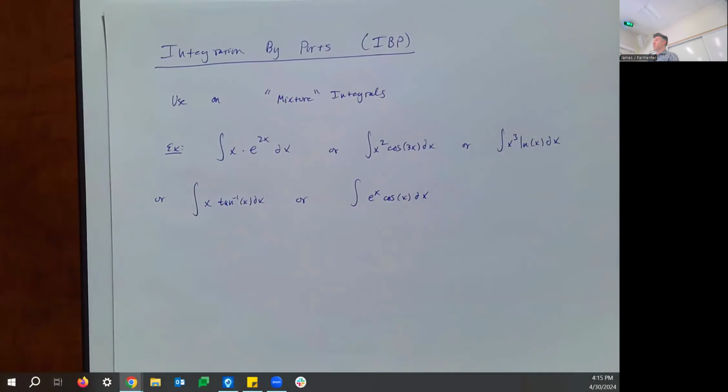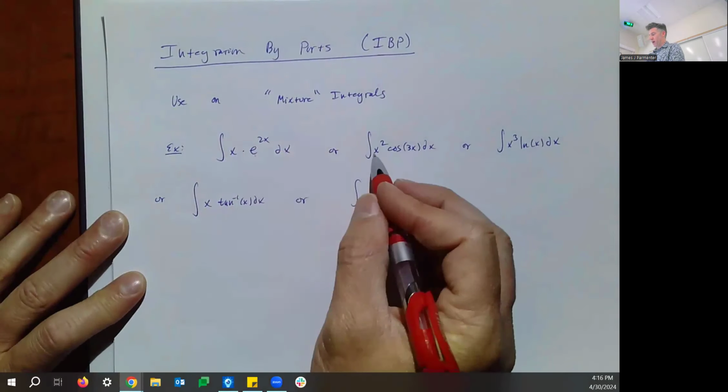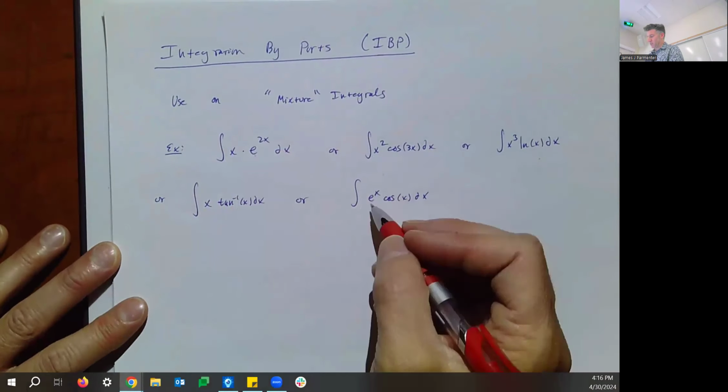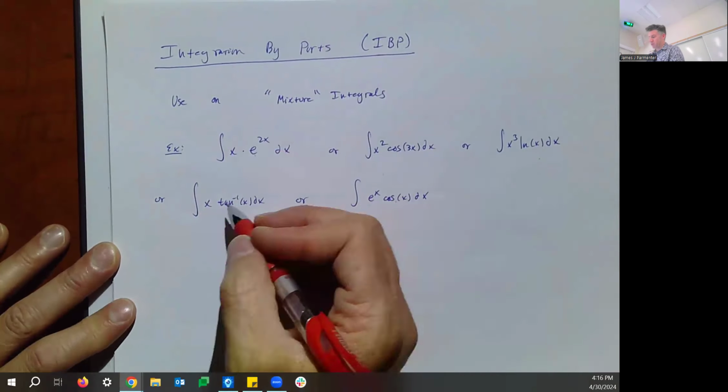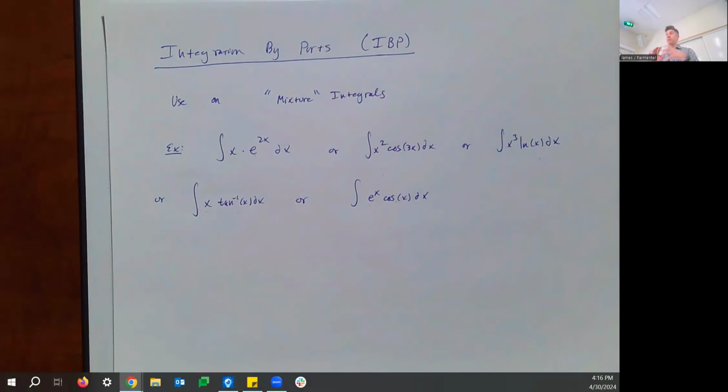Each of these I would think of as a mixture. You have a mixture of x to a power and an exponential, or x to a power and a trig function, or x to a power and a log function, or an exponential and a trig function, or x to a power and an inverse trig function. You have two types of functions multiplied together.